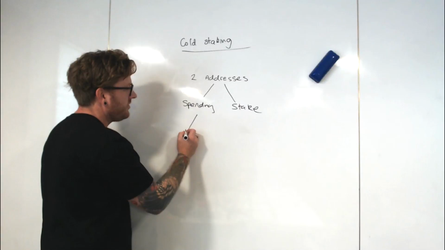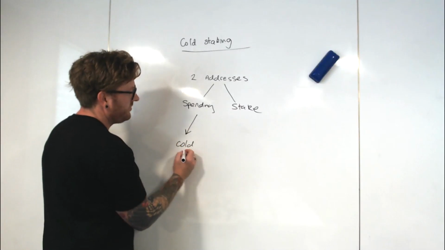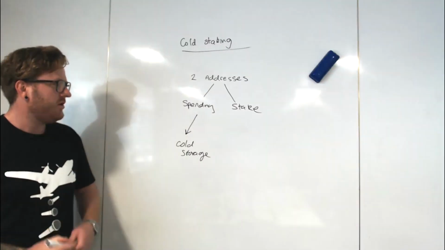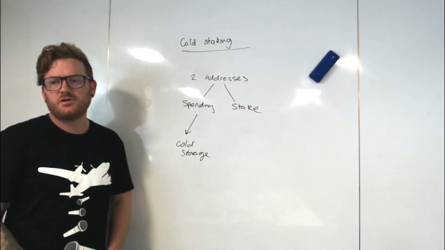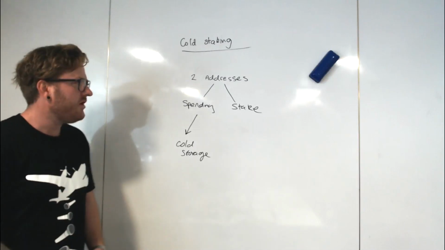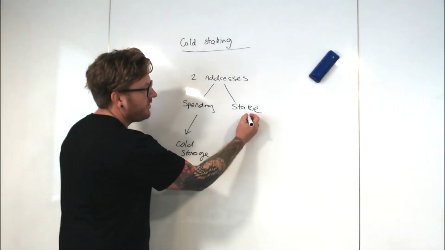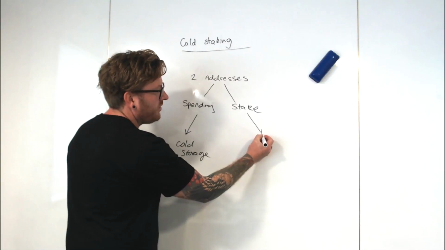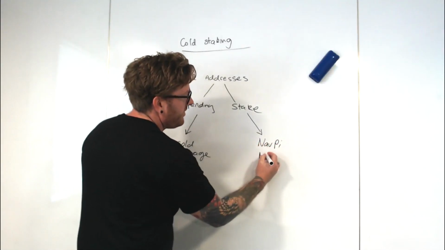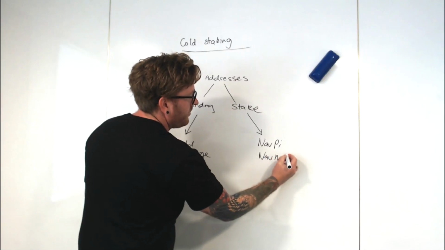So the idea is that you generate these 2 addresses in separate wallets. You keep this one in cold storage, in a paper wallet, or hopefully we can get a ledger integration, or just a secure computer that's offline. And then this key pair, you can put it on your NavPi or your NavMate or wherever.